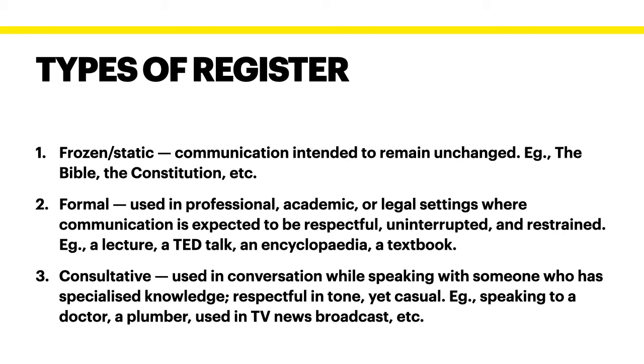So the kind of language used in a religious text would be called frozen or static, whereas the kind of language that is used in professional, academic or legal settings where communication is expected to be respectful, uninterrupted and restrained, this is a kind of register which we would call a formal register.